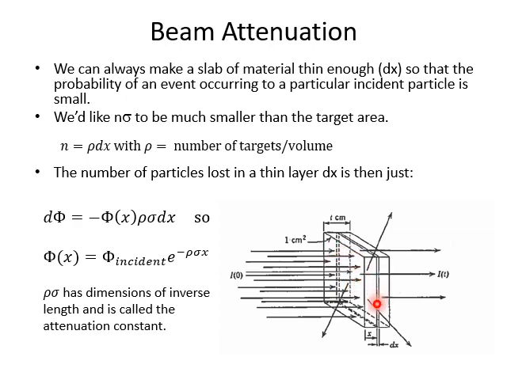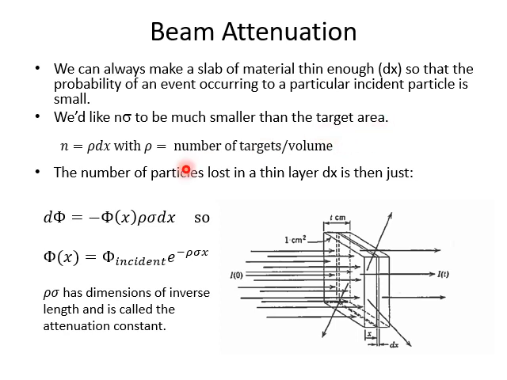The targets are well separated. So we'd like the product of the number of particles per unit area times the cross-section to be much smaller than the actual target area.